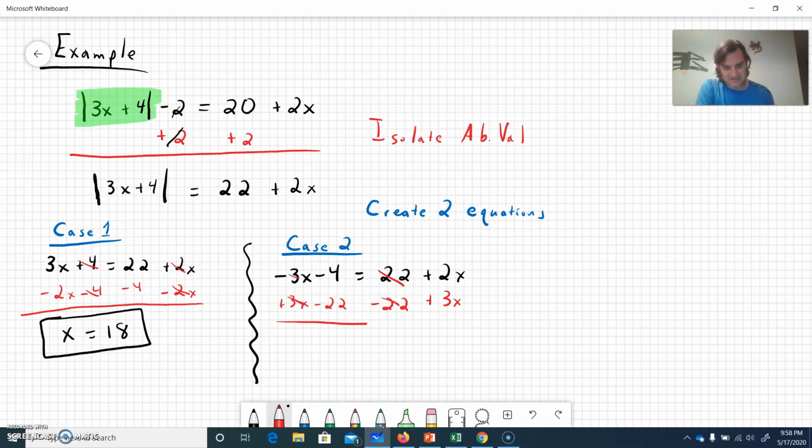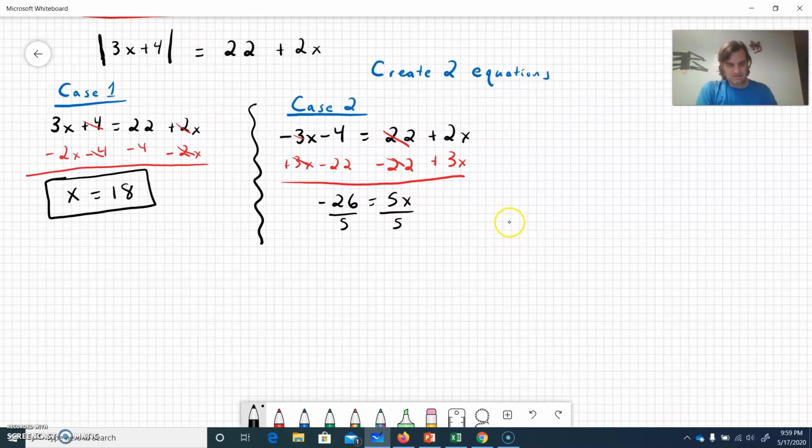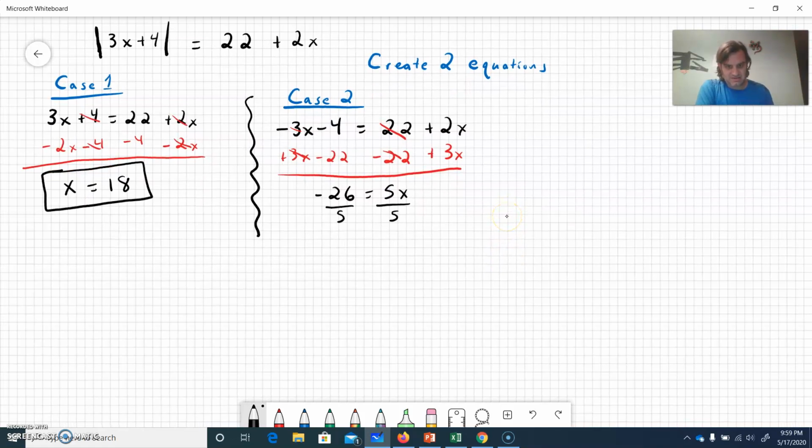So let's see what happens after everything cancels out. I get negative 26 equals 5x, which is probably not the most expected answer. We'll divide by 5. And the 5's will cancel out, so I get x equals negative 26 over 5.